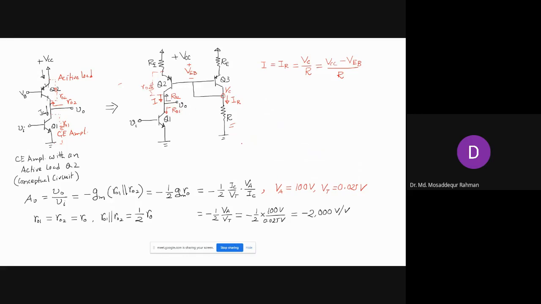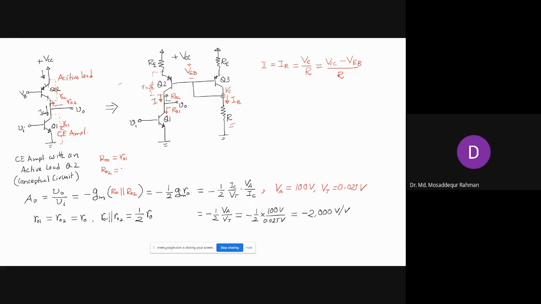Then effectively your load resistance will change. This will be R01 in parallel with R02. Now R01 is the same as before, small r0, but R02 will now be different.